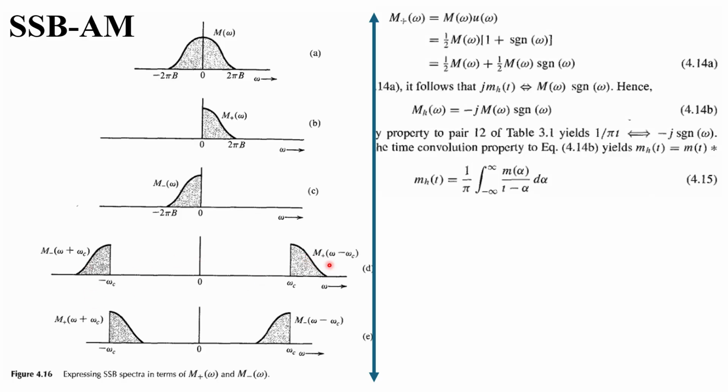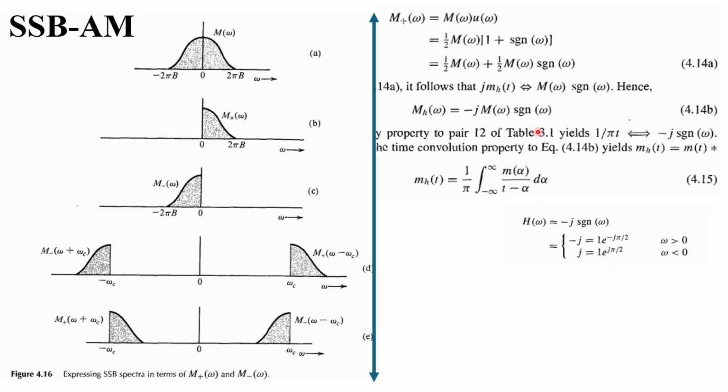So here are the mathematical calculations, you can check it. How can we reduce it? Multiply with some function so that it will send only from 0 to B. So we are using the signum function, right? Signum function will be valid as follows: if omega is greater than 0, it will have minus j, and if omega is less than 0, it will have j.